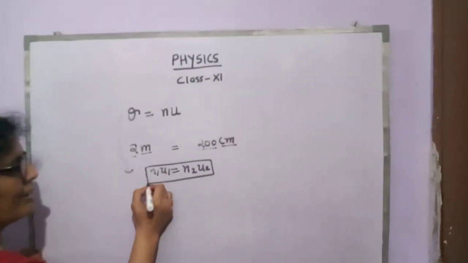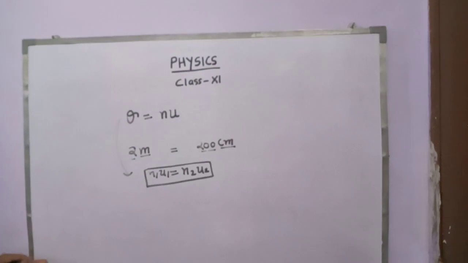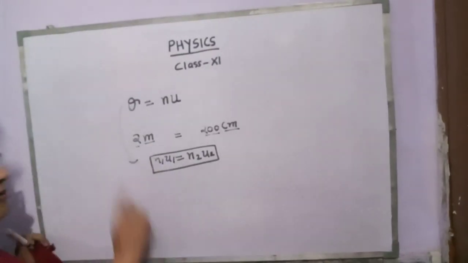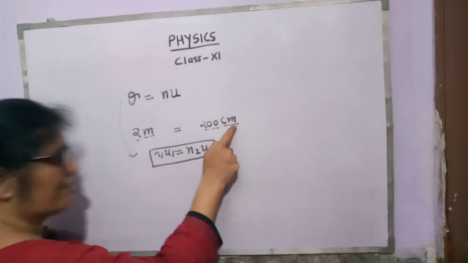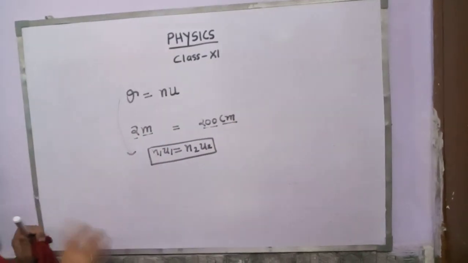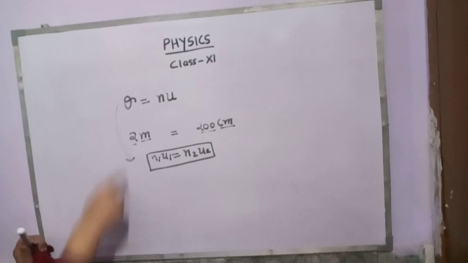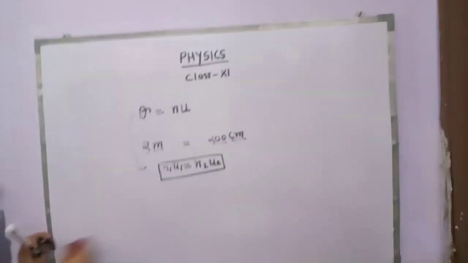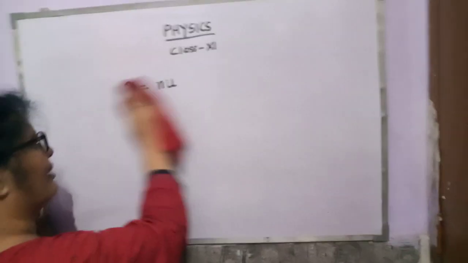Any physical quantity can be expressed as the product of its numerical value and the unit. If you convert one unit into another unit, its numerical value also changes. That means in general we can write this formula as N1 U1 is equal to N2 U2.